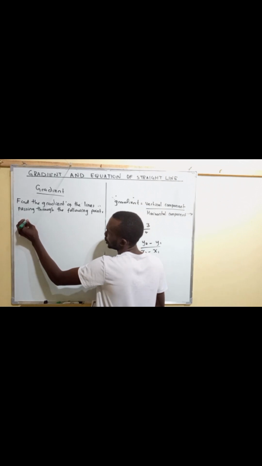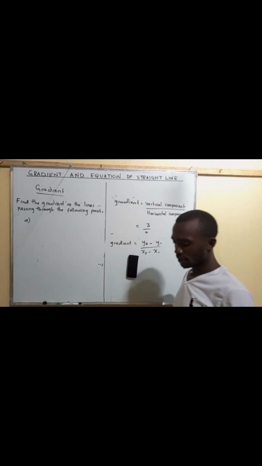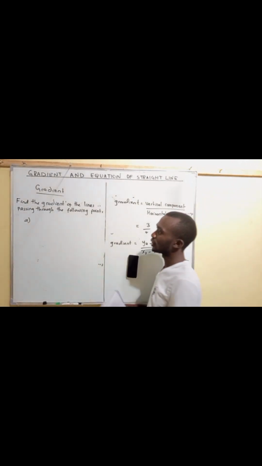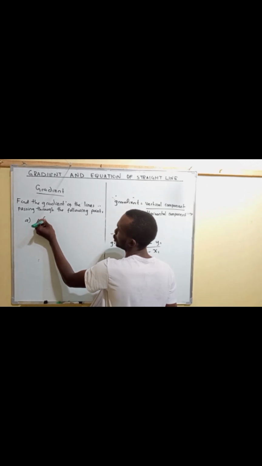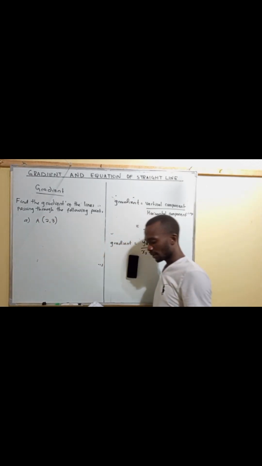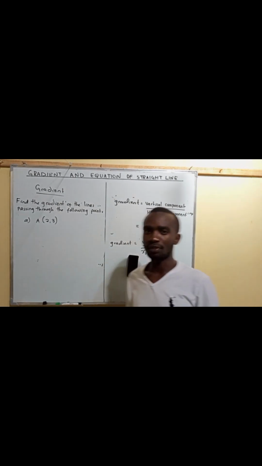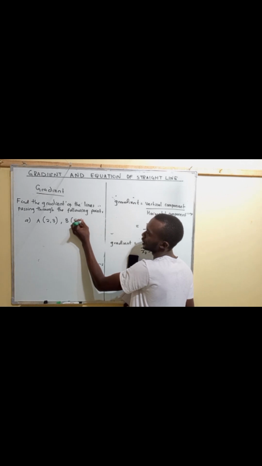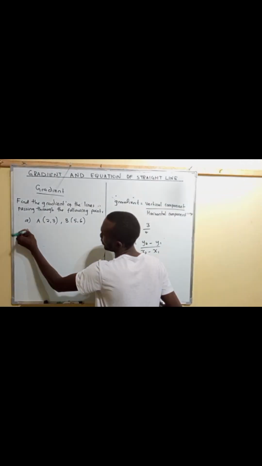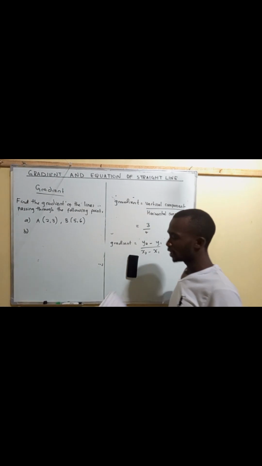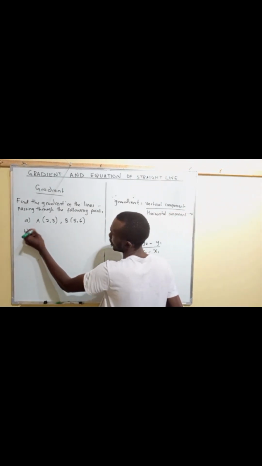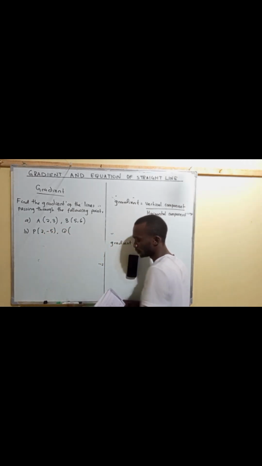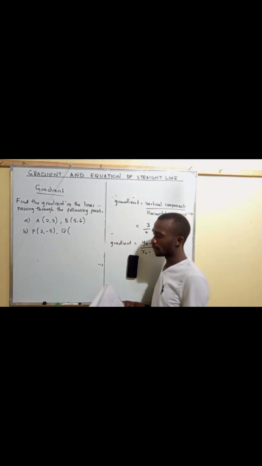The first points we have are point A, with coordinates 2, 3, and point B, with coordinates 5, 6. The second points are P, with coordinates 2, -5, and point Q, 2, 3.